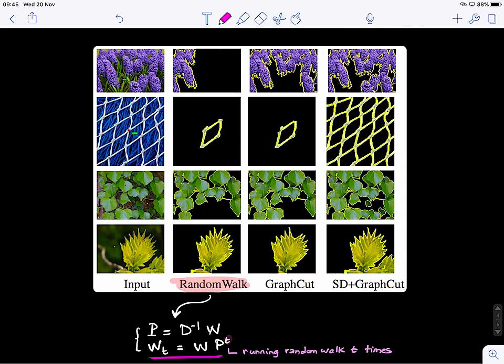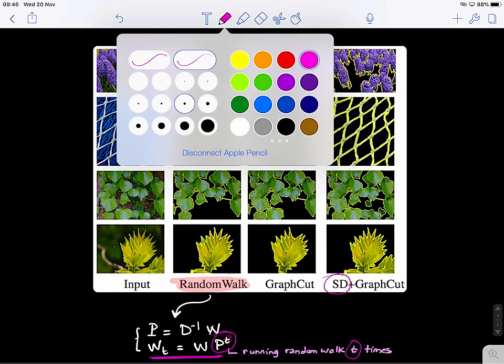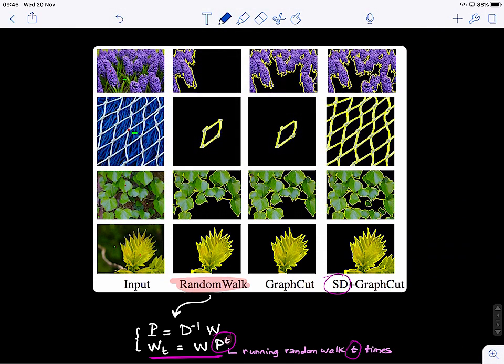The random walk is of length t, right? If you guys remember, we saw this before. And here, when they use the SD, the self-diffusion, you can see that they have very nice results because they can easily capture all these lines, okay? So you can see that they have very good segmentation.